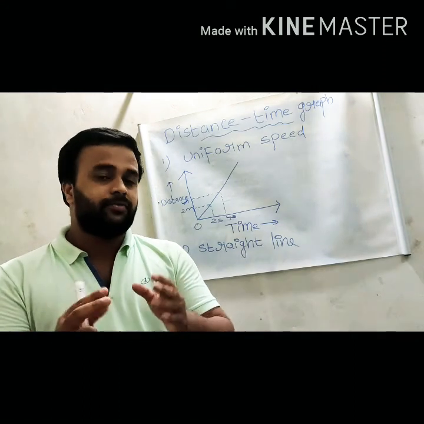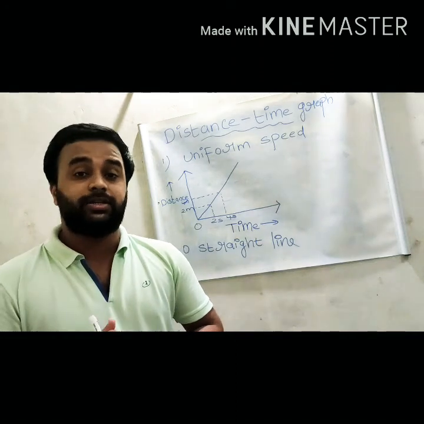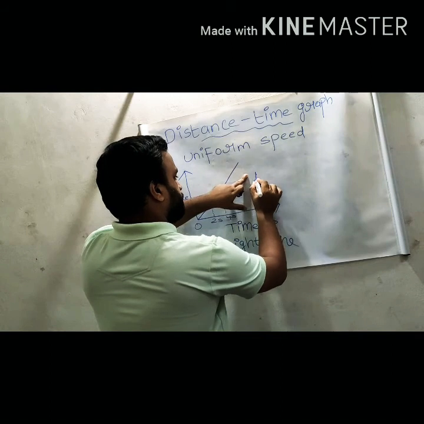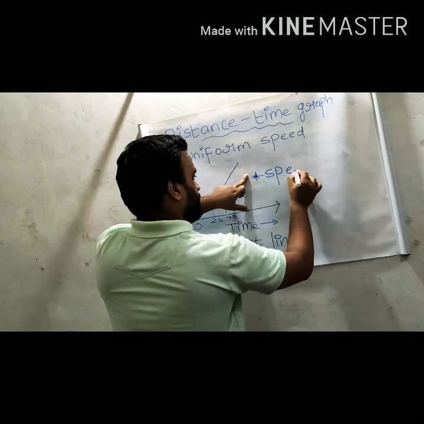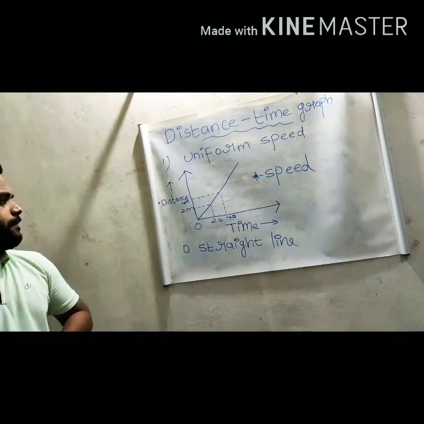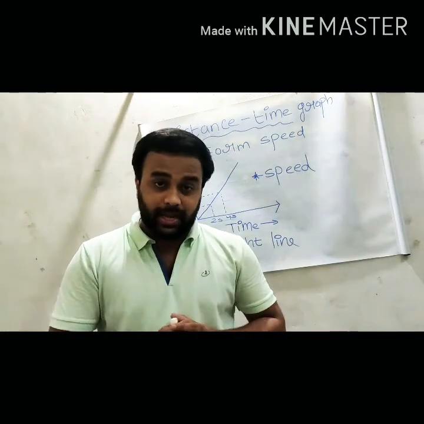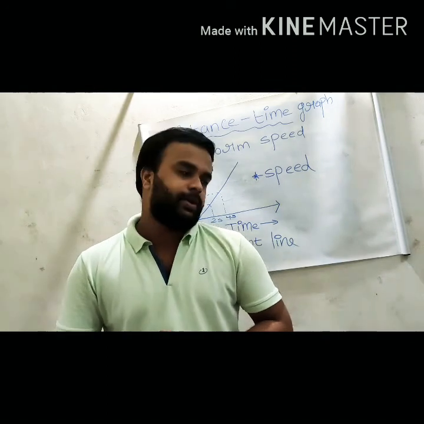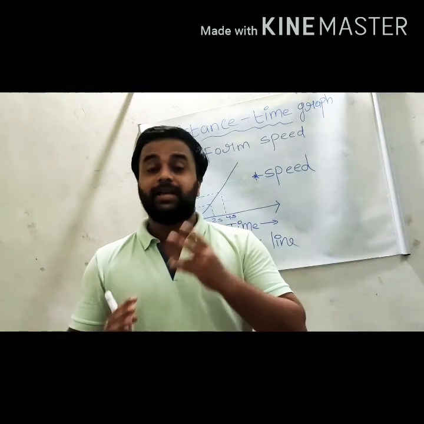So this is all about the distance time graph of an object moving with uniform speed. It's our first case. Next we are going to study the second case.